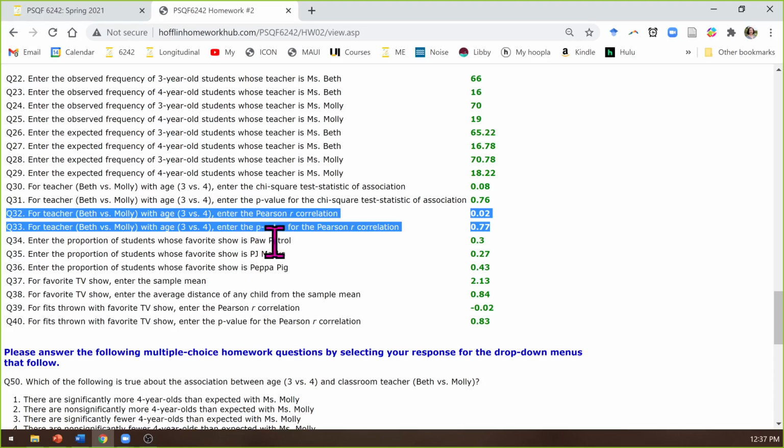And then the next one, enter the p-value for the Pearson correlation, would tell you whether or not that correlation is significant if p is less than alpha, so less than 0.05, or non-significant if p is greater than or equal to 0.05. This would have been based on your particular data, but the way that I generated the data is that in the population, those two variables were unassociated. So I believe all of you would have had non-significant correlations, but they may have been positive or negative based on how it shook out.